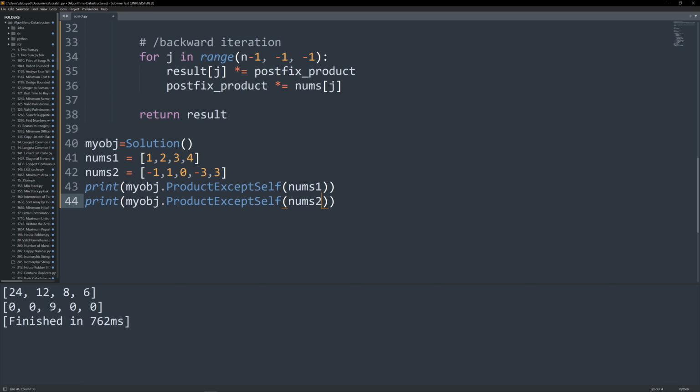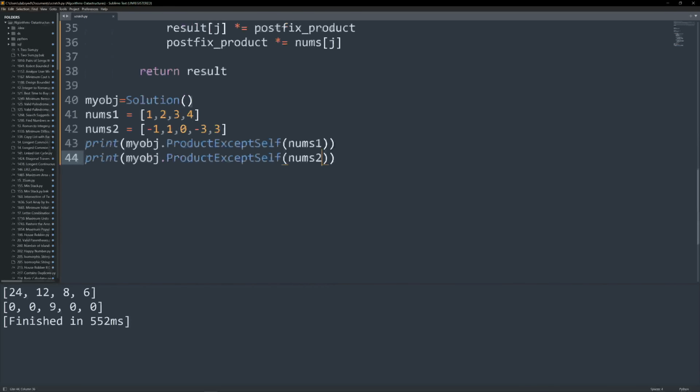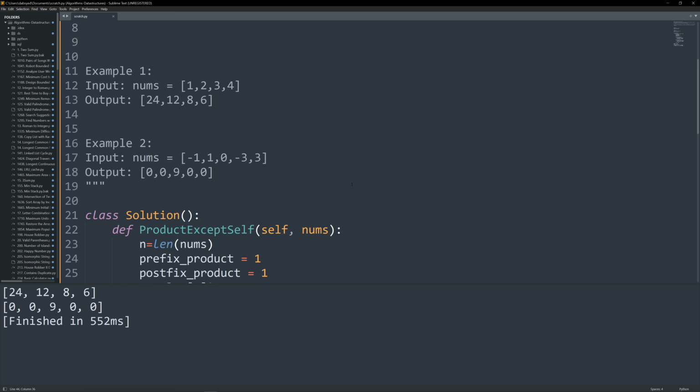Okay, and let's run this. So we are able to get the same output. So this is how you write the program for product except self in Python 3.